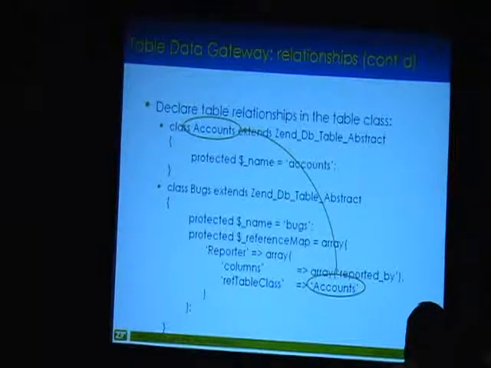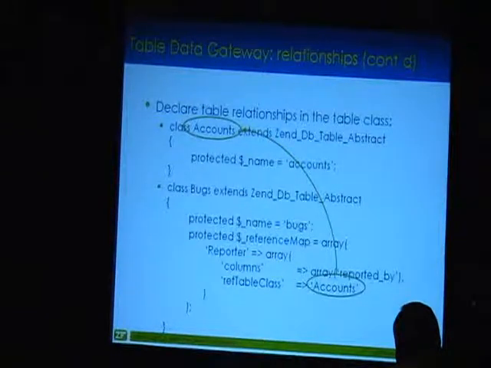You don't have to put anything into the parent class. So when you do a lookup, if you're looking up a dependent row, you say, I have a parent row, I have an accounts row, and I'm looking at bugs. It says, bugs. We have a class called bugs. I'm going to go to the bugs class and look up the reference map, and now I know which table to go query.